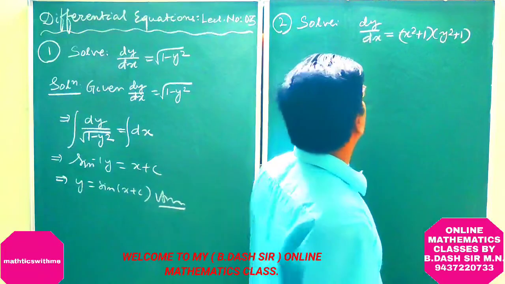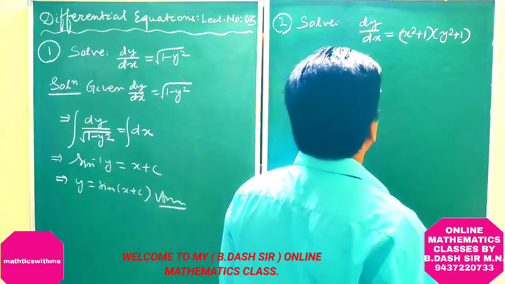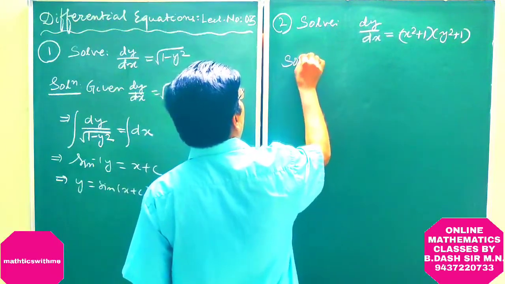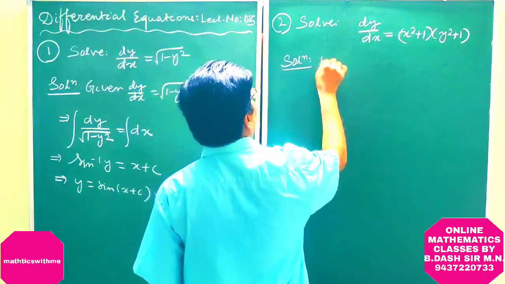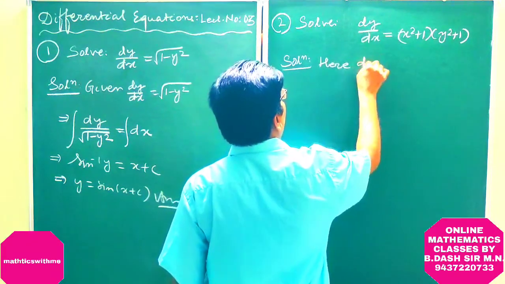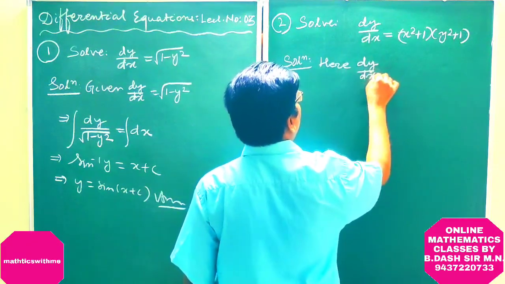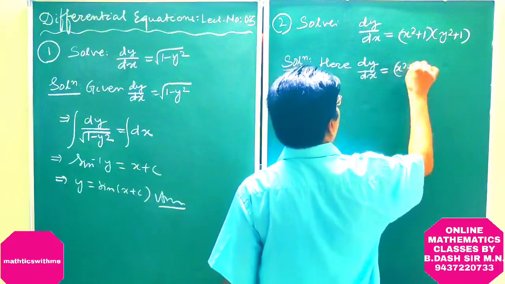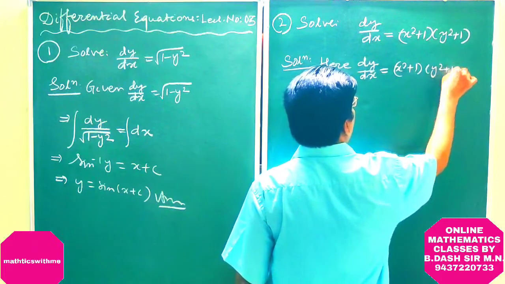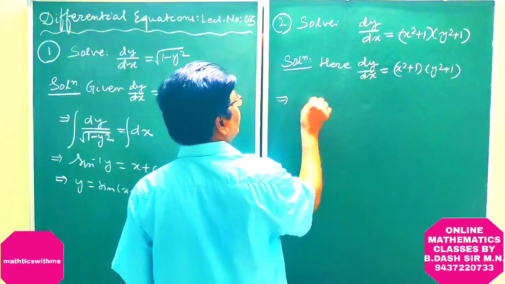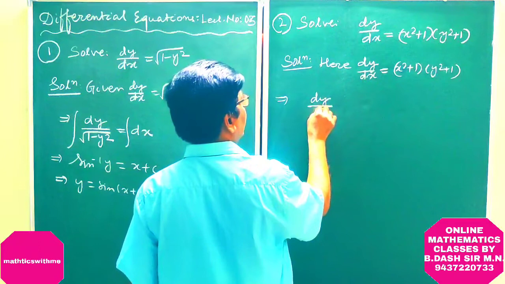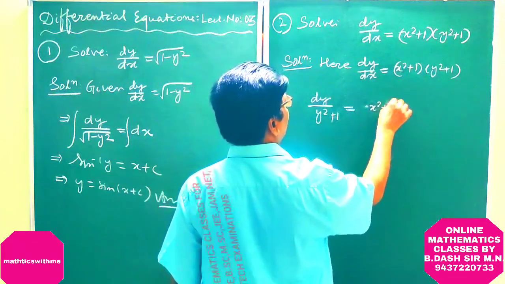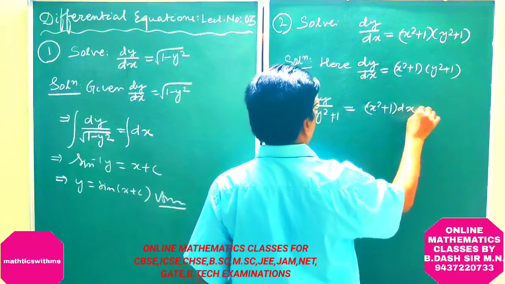Our next question is, solve dy by dx is equal to x square plus 1 into y square plus 1. Now solution. Here dy by dx is equal to x square plus 1 into y square plus 1. So this implies dy by y square plus 1 is equal to x square plus 1 into dx.